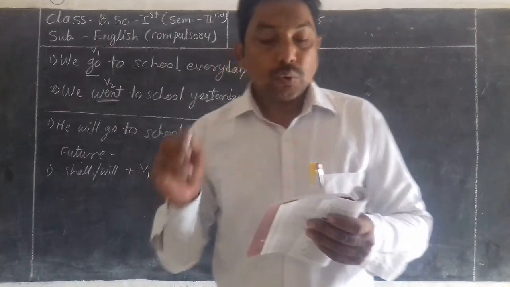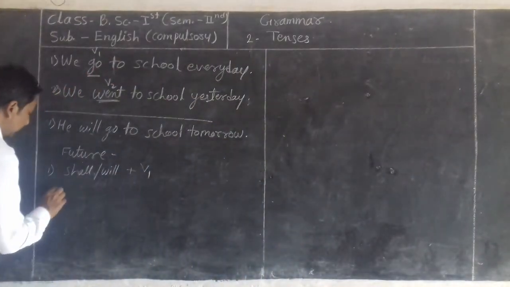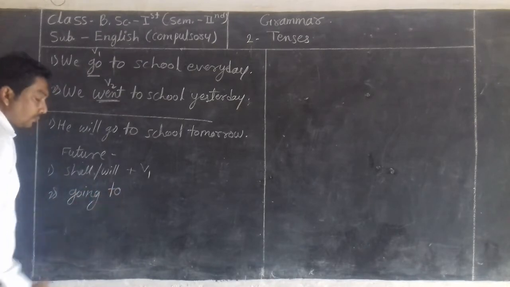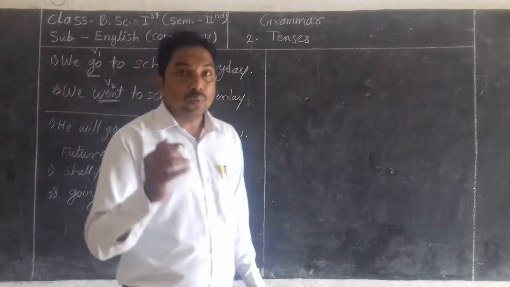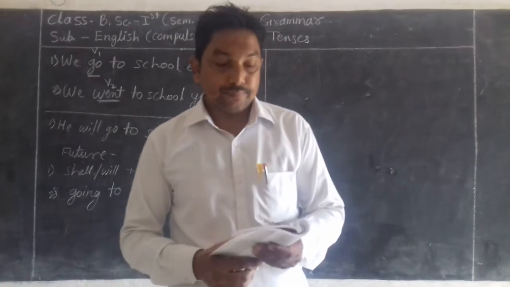Number 2, future action shown by going to. By using going to in the sentence, we can indicate future action.